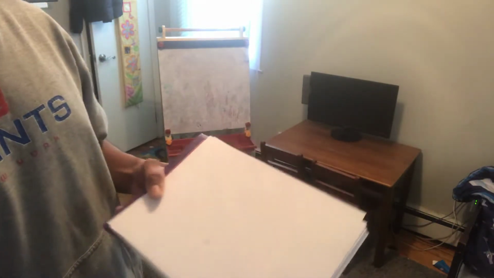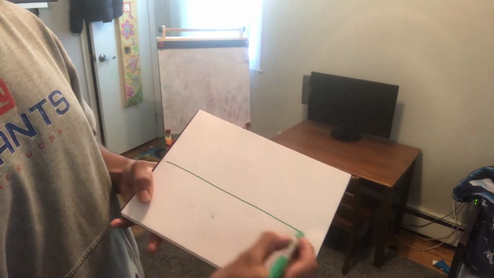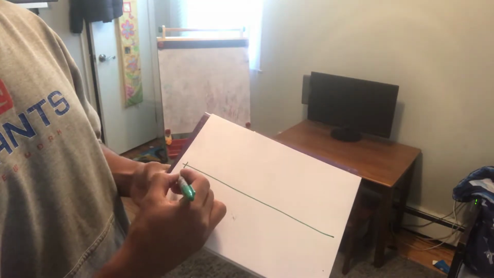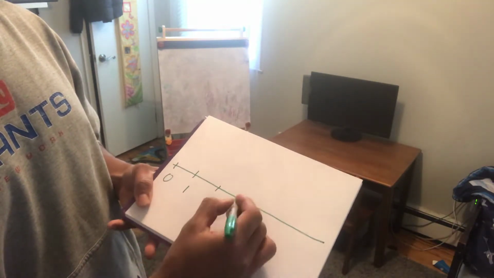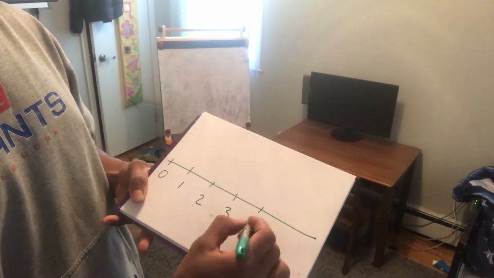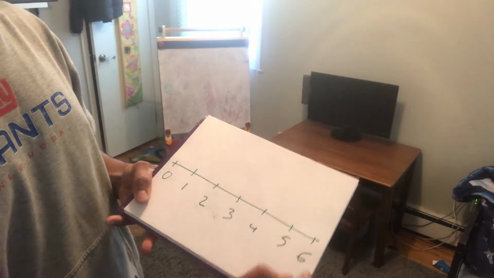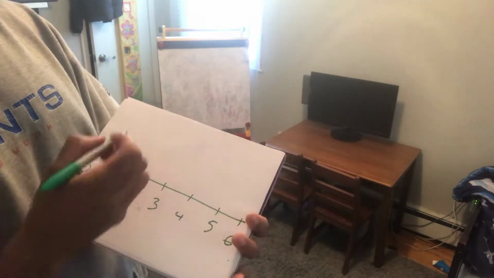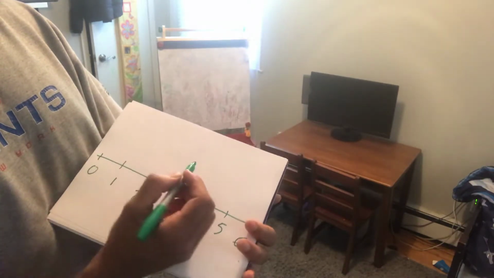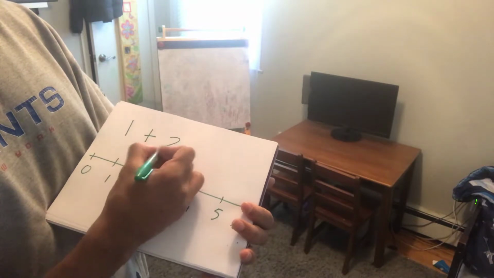All right, let's try that again with some more numbers. This is called a number line again. You got 0, 1, 2, 3, 4, 5, 6. So you want to find out what is 1 plus 2.